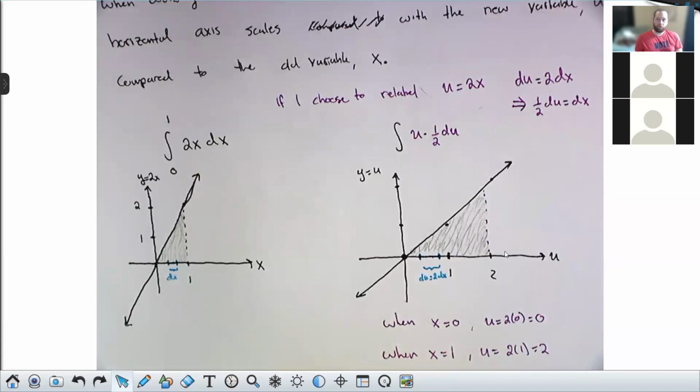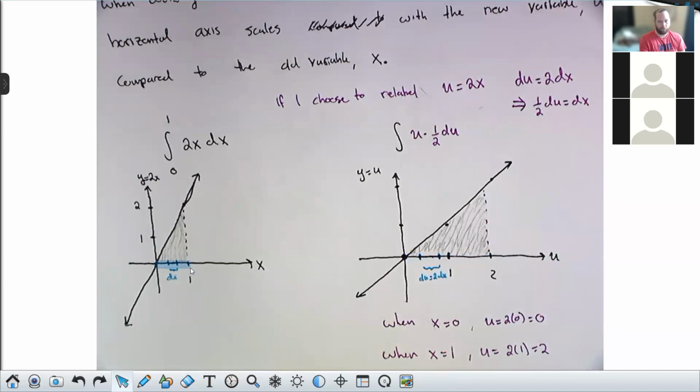So this substitution, what it does, besides relabeling 2x as u, stretches the horizontal axis by a factor of 2. And you can see that when you look at the whole region, this region is twice as wide as this region.